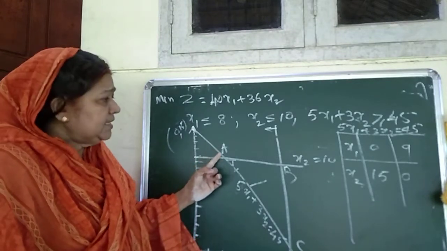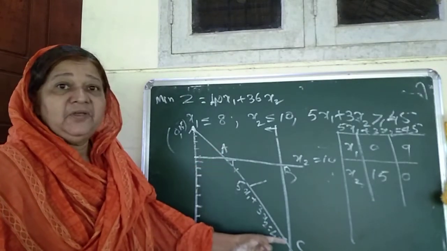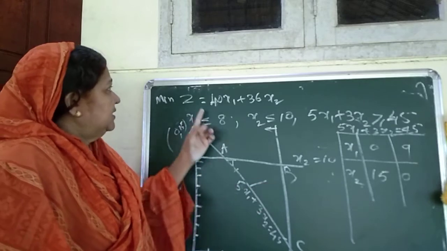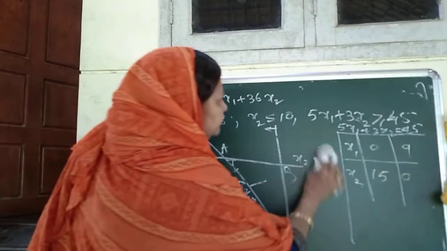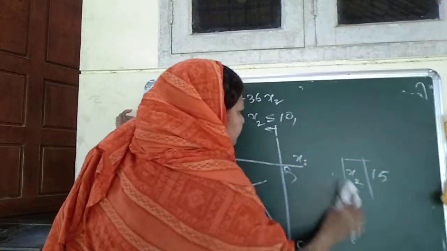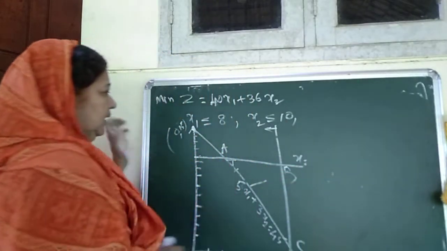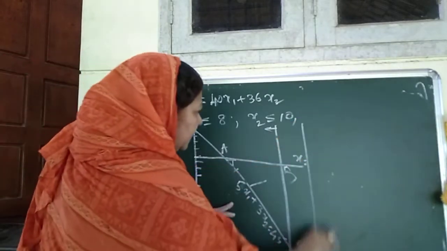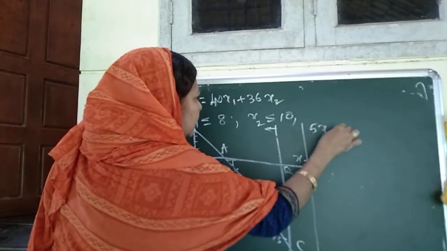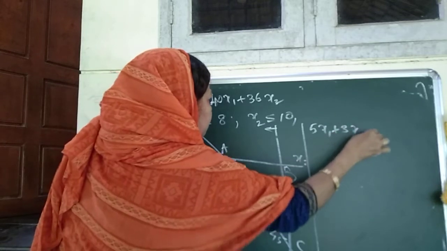Among these 3 points we have to check at which the function is minimized. For that, consider A. We know this line 5x1 plus 3x2 equal to 45.